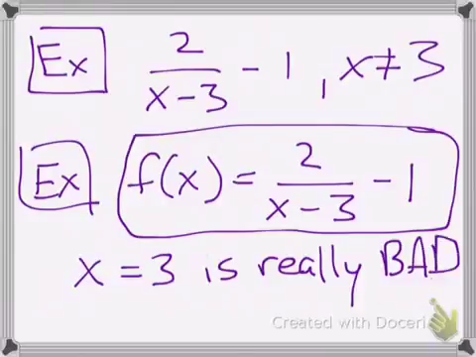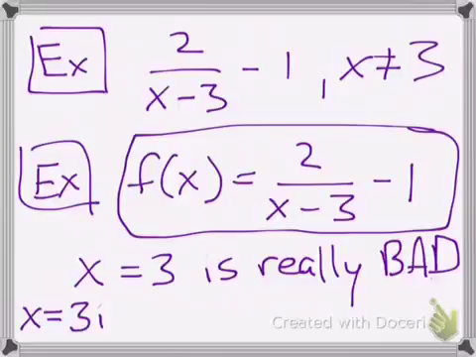Didn't we already kind of get that? Yeah, but it's so bad in function form because the reason we put things in function form is for graphing purposes. Something on the graph really bad happens at x equals 3. We can't plug 3 in there. If we plug 3 in, it breaks the function, right?